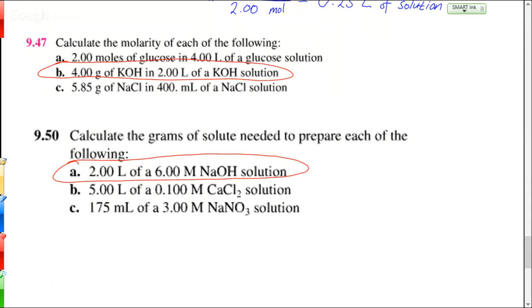And then how much solute would you need to make 2 liters of a 6 molar sodium hydroxide solution? Second one's a little trickier. We haven't looked at how to do that yet. So see if you can figure it out just by thinking about it like a conversion problem or like units.